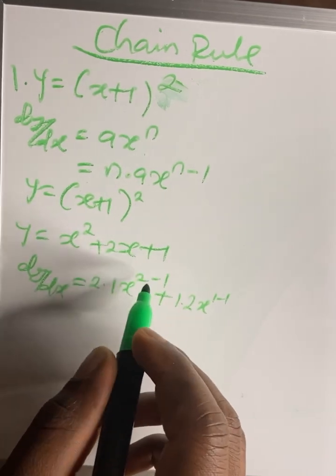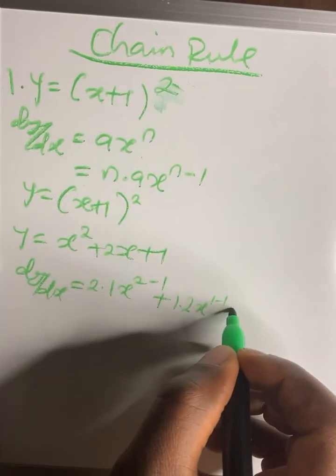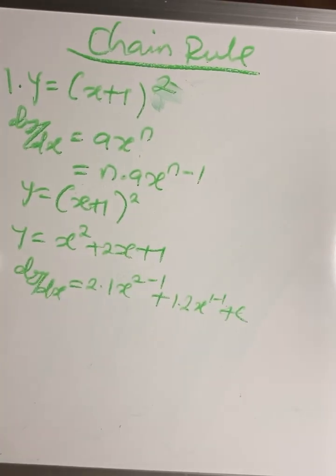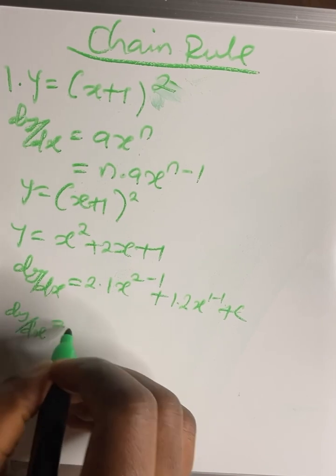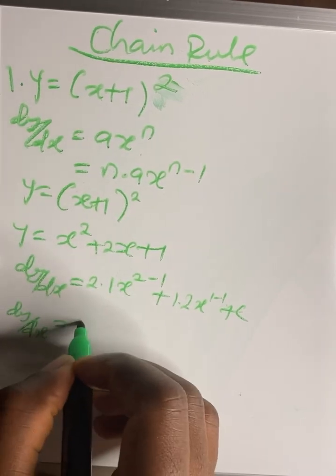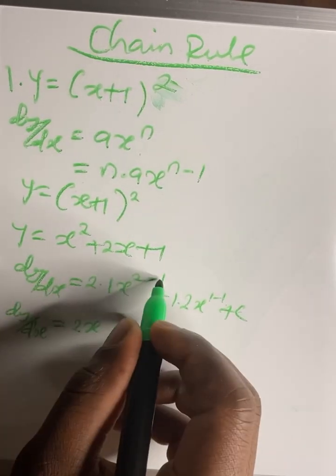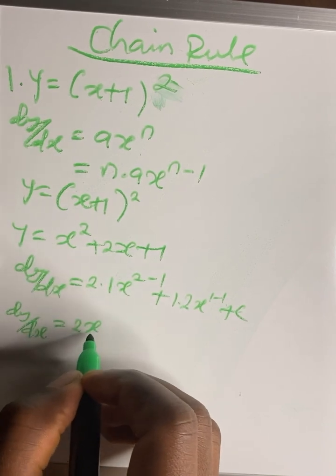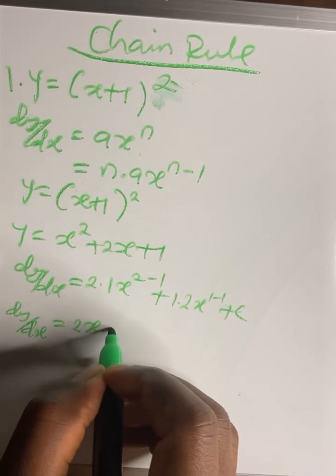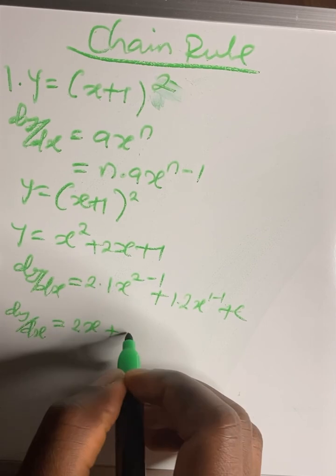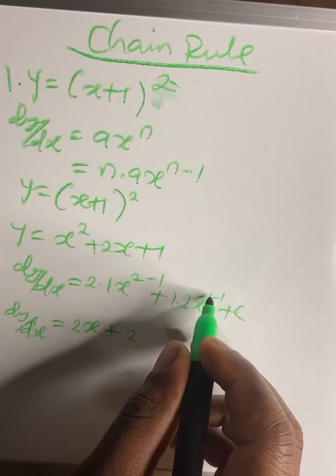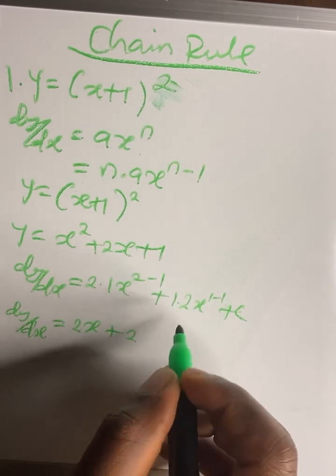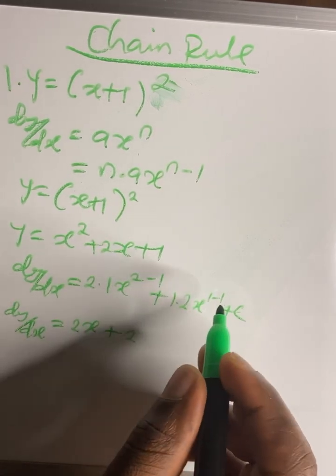in a constant is always 0, or we place c plus c. So dy dx will be equal to 2 multiplied by 1 is 2x, 2 minus 1 is 1. So we can leave it this way because the 1 is invisible, plus 1 multiplied by 2 is 2. 1 minus 1 is 0, and x raised to the power 0 is 1.